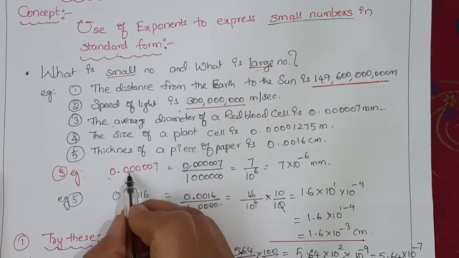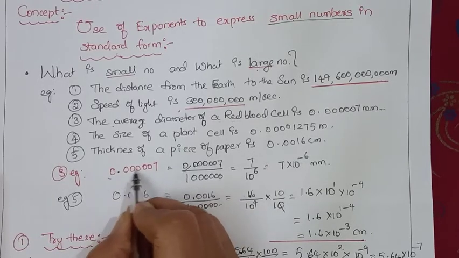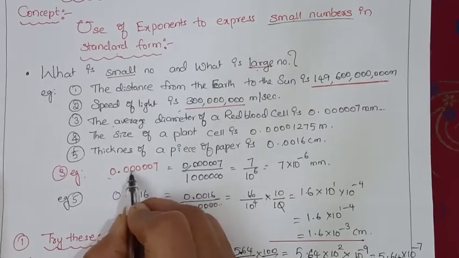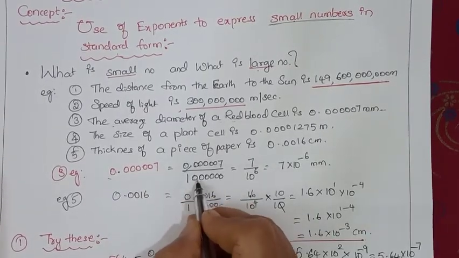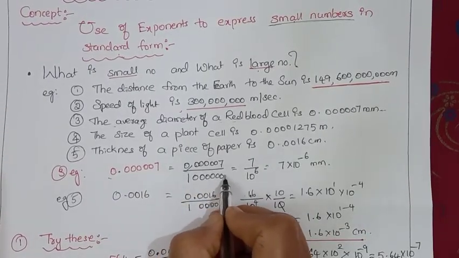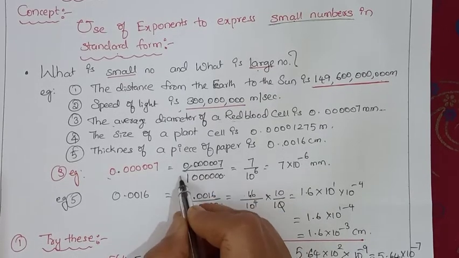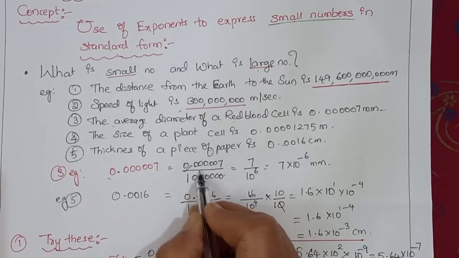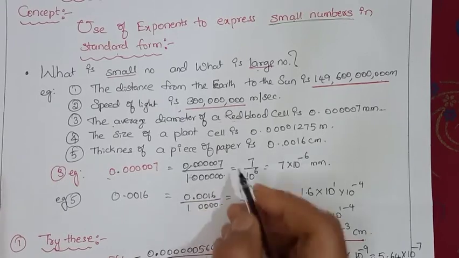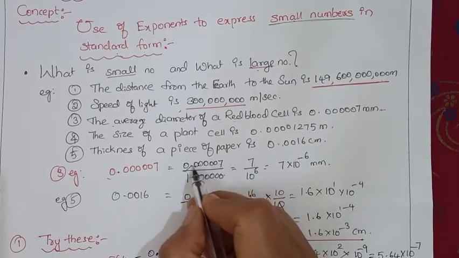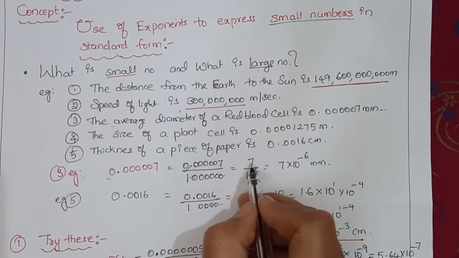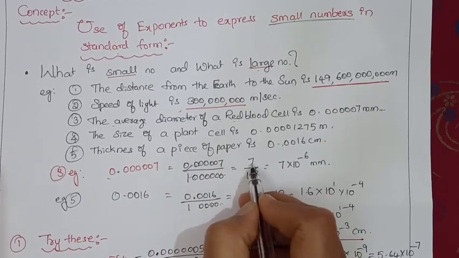0.00007. So how many digits are there after the decimal? 1, 2, 3, 4, 5, 6. Those many zeros I'll take in the denominator. So I'm removing this decimal and placing the zeros after 1. Again 7 as it is; I'm writing no value for these zeros, so I wrote here 7.